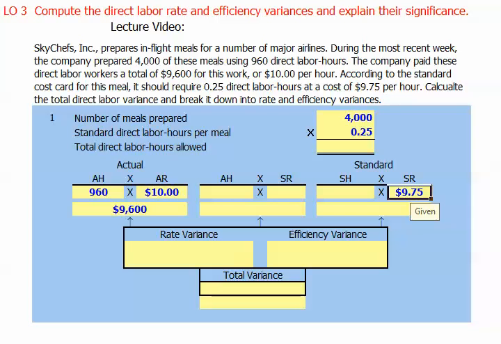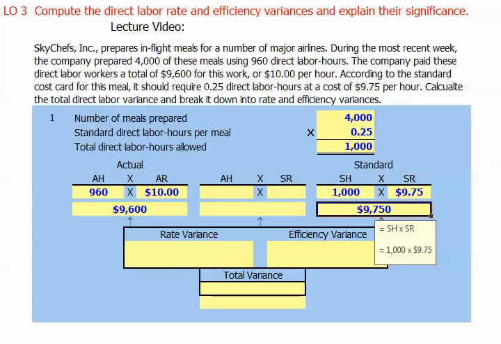Let's begin by calculating our standard hours allowed to prepare our 4,000 meals. So we would take our 4,000 meals and multiply it by 0.25 hours per meal, and it should have taken us 1,000 hours to prepare these meals. So our total standard cost, or our flexible budget amount, would have been $9,750.